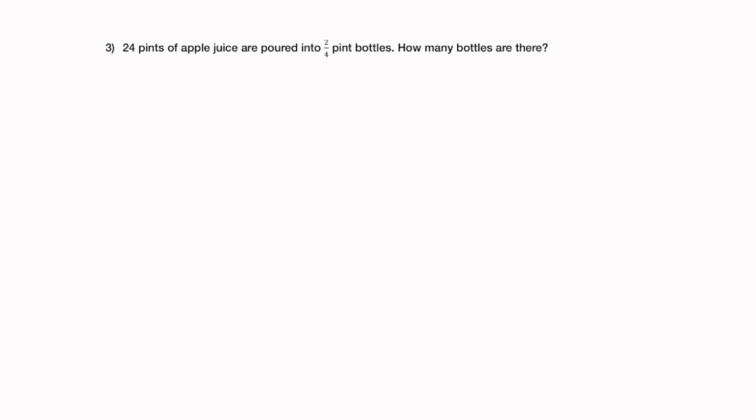The next one. 24 pints of apple juice are poured into 2/4 pint bottles. So 24 pints is poured into other bottles, right? It's 24 that is getting divided between the bottles, right? So we will say 24 divided by 2 upon 4. We rewrite it.